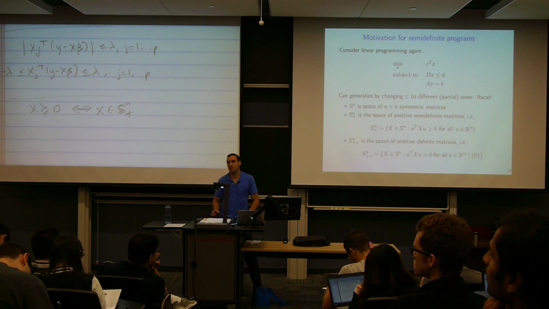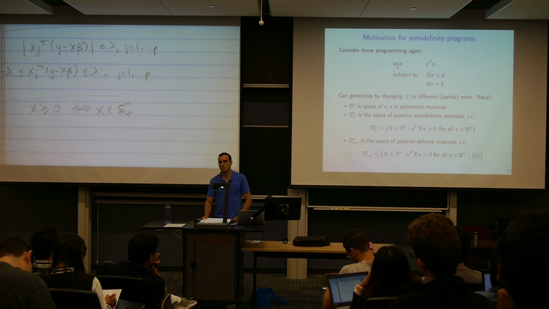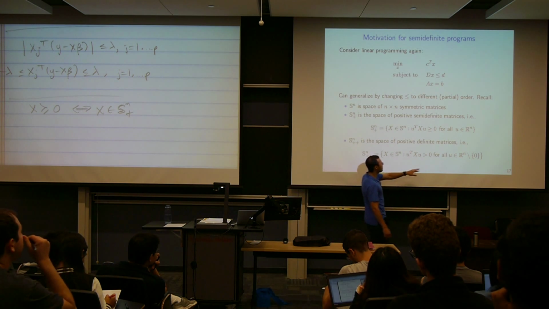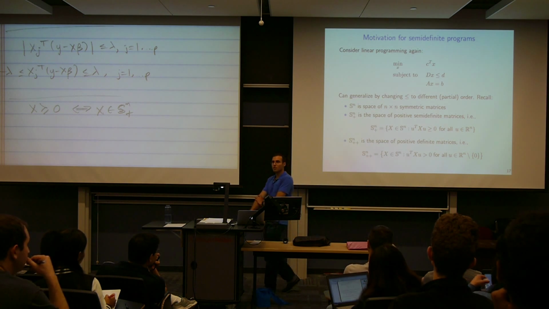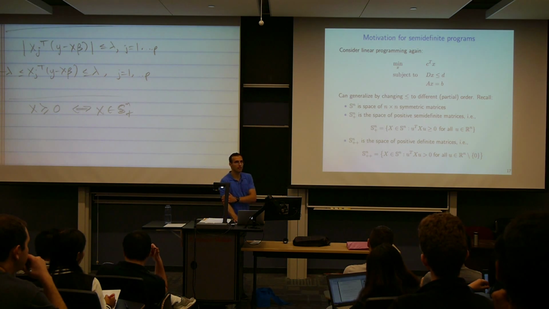Yeah? Is there a reason that you're explicitly calling out that the 0 matrix does not belong to the set? No, well, I'm saying that u can't be 0. Right, because 0 transpose x times u is always going to be 0.